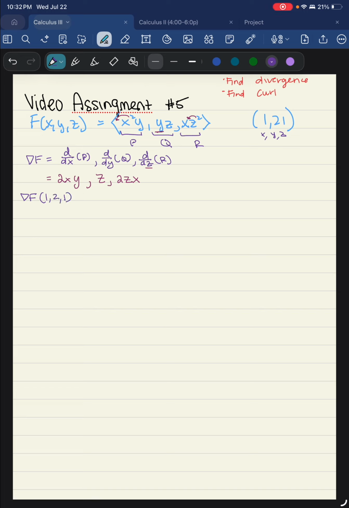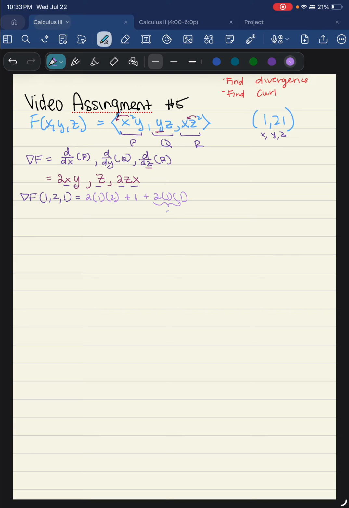So x, y, and z, and we're just literally going to plug our x, y, and z into the partial derivatives that we just found. So 2 times my x, 1, my y, 2, plus my z, 1, plus 2 times 1 times 1.